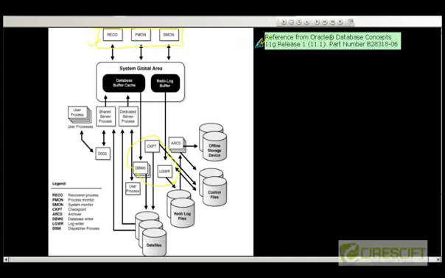The first one is pmon, or the process monitor. Process monitor does the following things. One is that it is going to clean up. Let's say somebody is connected to your database with a SQL Plus client, and for whatever reason this connection is broken.